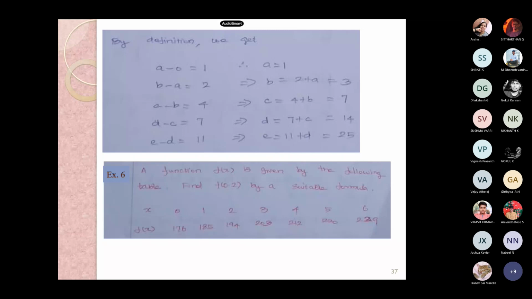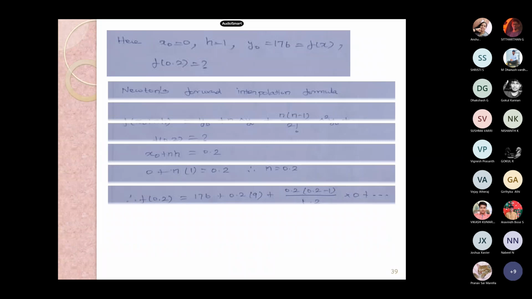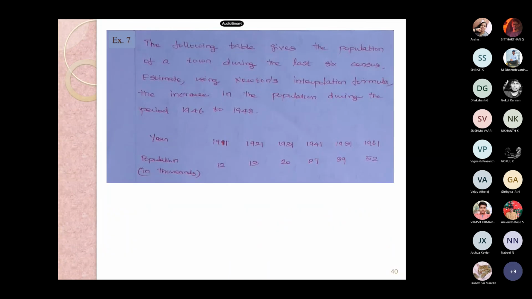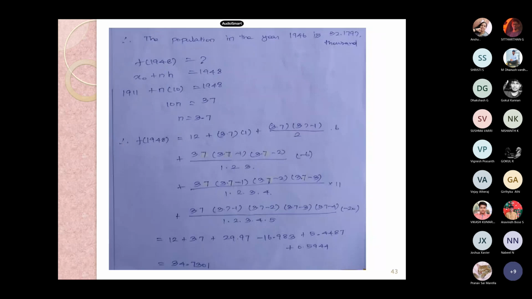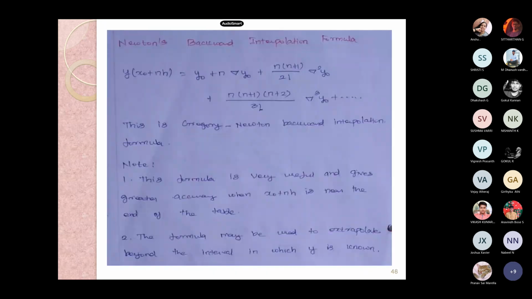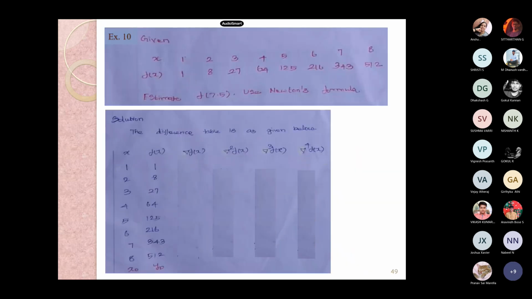When f of 0.2, the x and f of x are 0 and 176. Here there won't be any change in the x naught and y naught. It is independent of the required data. In the same way, here the x naught and y naught should be taken as 8 and 512.